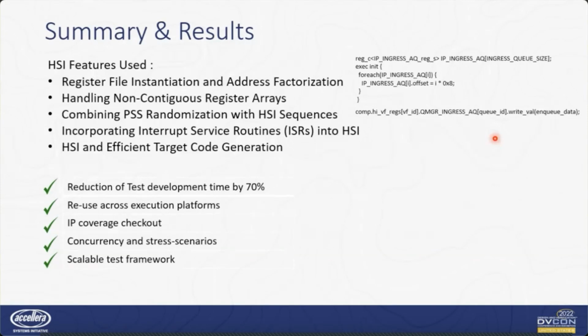So this might be a feature of our PSS tool as well, but basically if an if condition is not satisfied, you don't generate that code in your target implementation.